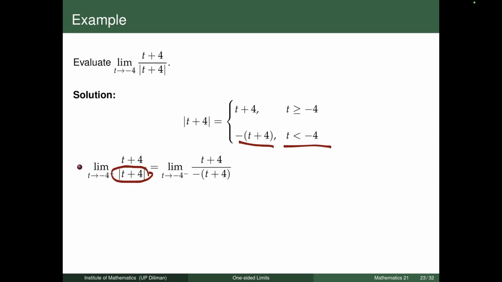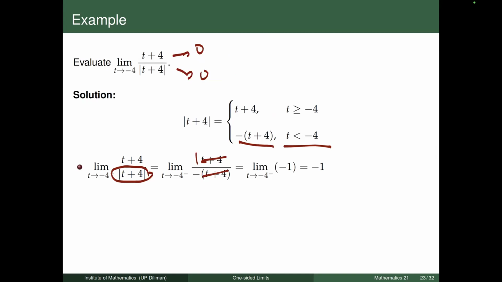The numerator and denominator go to zero, no? By the way, at the very start, when you replace t by -4, this goes to 0, this goes to 0. So now we can cancel, and what remains in the numerator is 1. So the answer here is 1 over -1, which is -1.